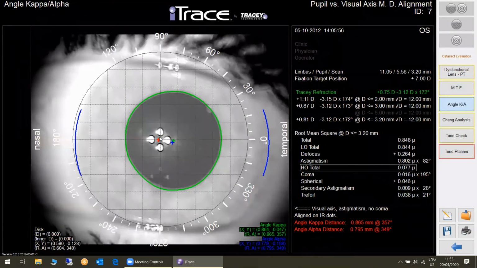If you put in a trifocal here, your visual axis will be too close to the first patch of rings, and you will have an unhappy patient. Now here, you can suggest mini monovision, perhaps an EDOF, but I wouldn't do it.